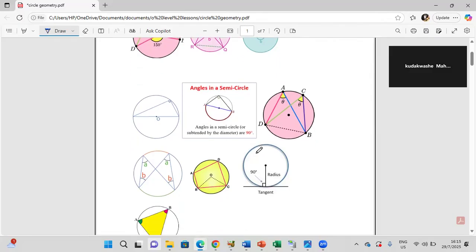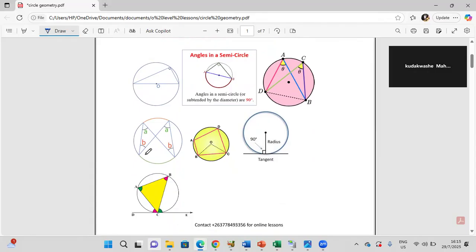Now let's move on and look at the next one. For this one, we can still come up with our chord there. And also if we put the chord there, you'd see that we have two triangles. This angle and this angle are the same. The same goes if we put the chord on top there.